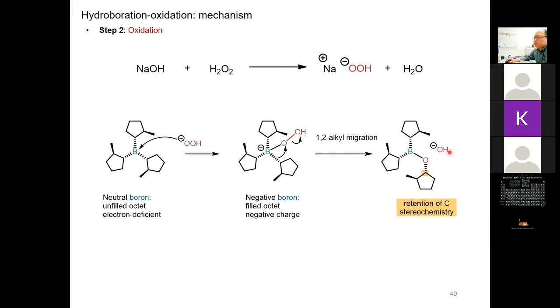The OH is gone. And during this step, the carbon stereochemistry, as this is pointing back, remained. So this is a dashed bond to B, and this is a dashed bond to O. During the oxidation step, the stereochemistry of this carbon does not change.